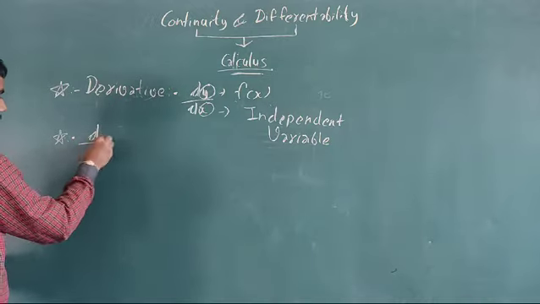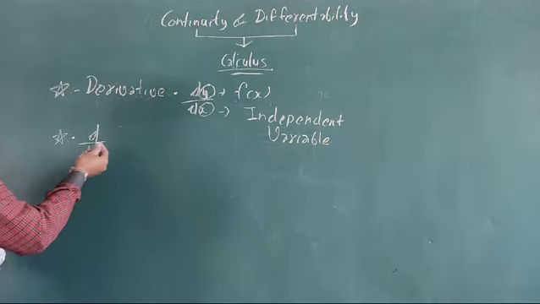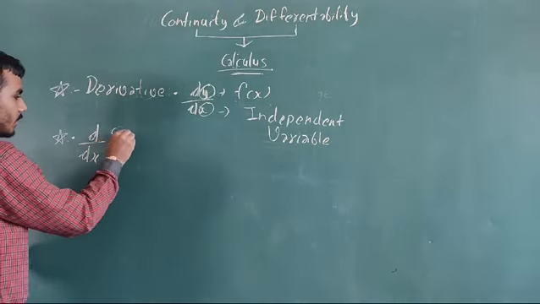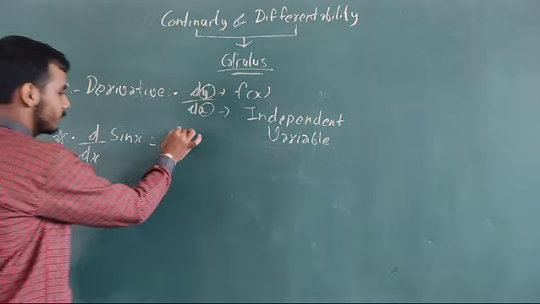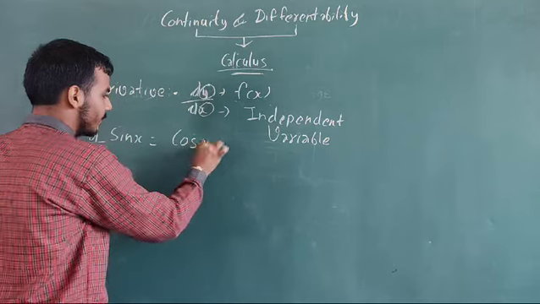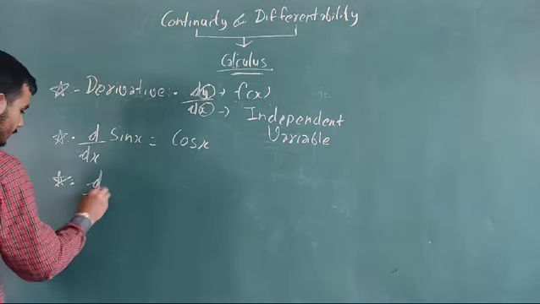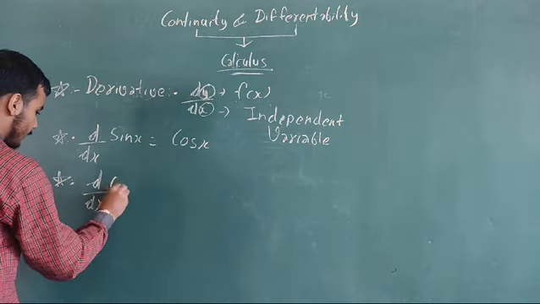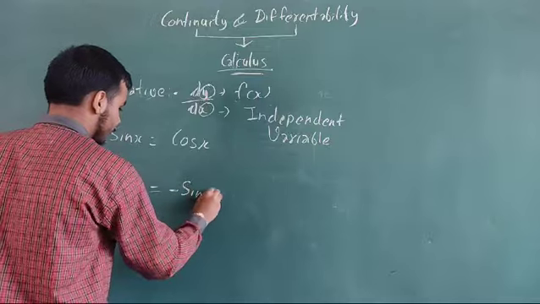First one will be formulas of trigonometric functions, and our first trigonometric function is sin x. So derivative of sin x will be cos x. And if we talk about cos x, its derivative will be minus sin x.